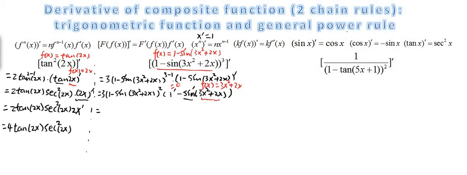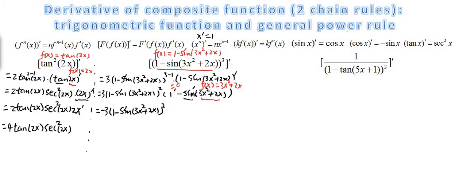Since here is 0, 0 minus becomes negative, right? It's a negative of this guy. So put a negative here, we have negative 3 times 1 minus sine 3x squared plus 2x, squared.